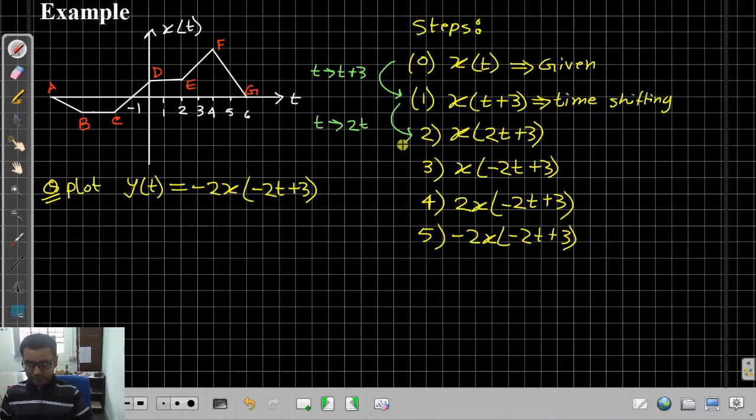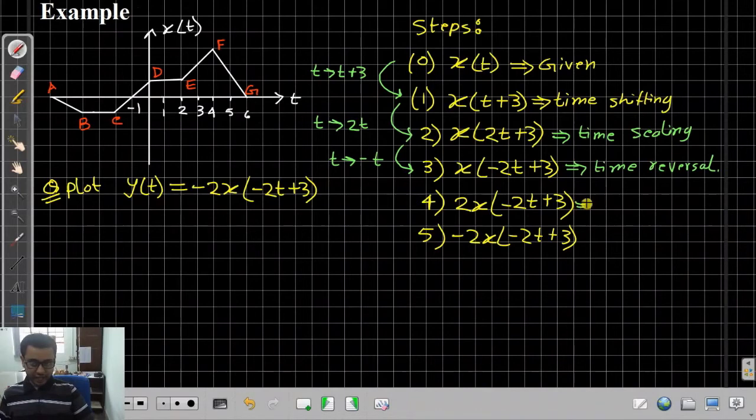Okay. Then similarly here to here t is becoming minus t. This is time scaling. This is time reversal. And we have followed this order: shifting, then scaling, then reversal.